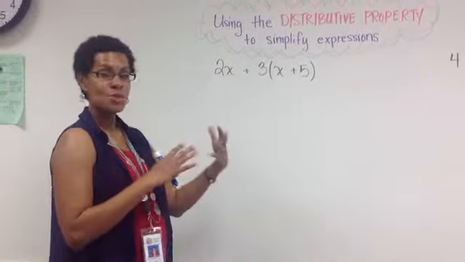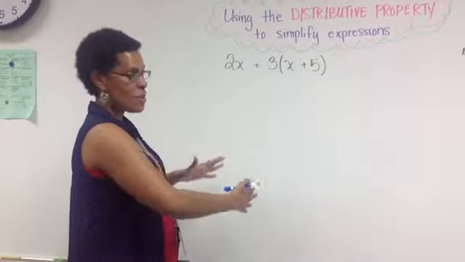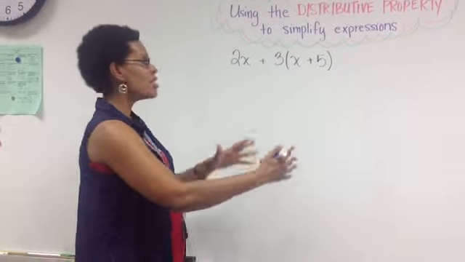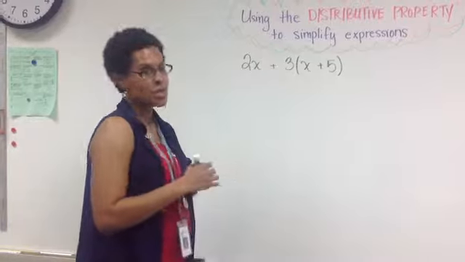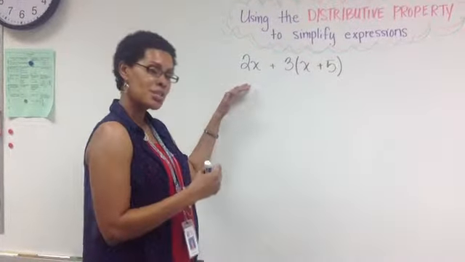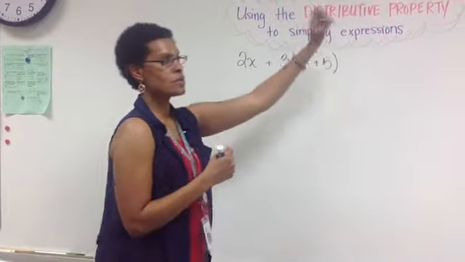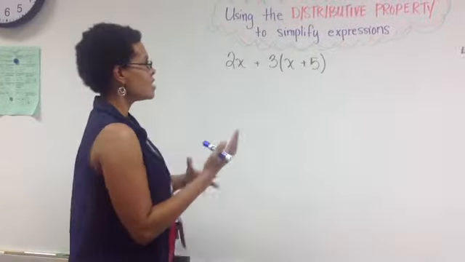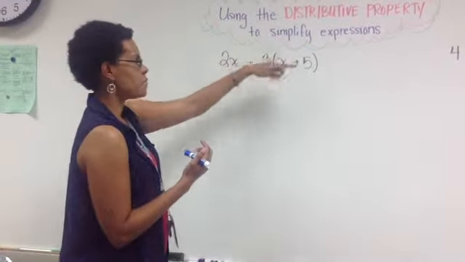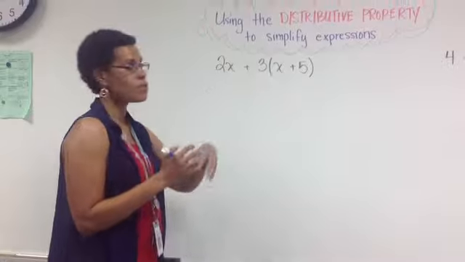Now we're going to take those two pieces, the distributive property and combining like terms, to simplify this expression. We of course can't solve this expression because we're missing our equals to another expression. That's not what we're doing today. We're simplifying or rewriting this in its simplest form.